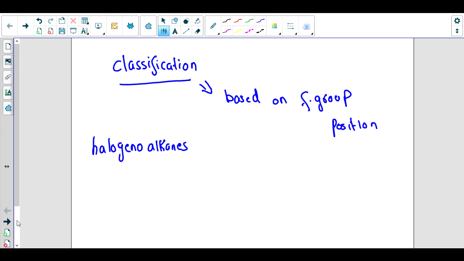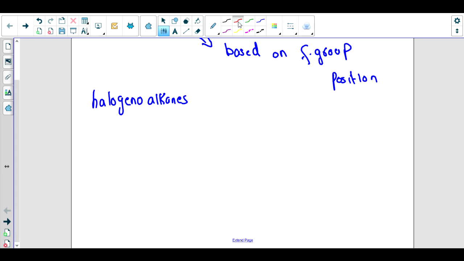Okay, let's say we have a carbon which is attached to the functional group, any halogen. Let's say it is chlorine. We have a carbon attached to chlorine, and this carbon with whom the functional group is connected is further connected to one carbon only.